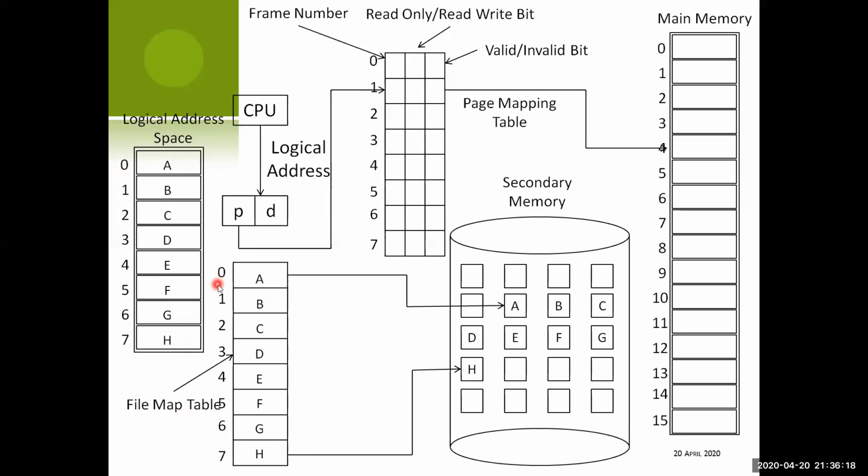Means for page number 0, the address in secondary memory; for page number 1, that is B, the address of page B in the secondary memory. So it will contain all the addresses of secondary memory for this particular process.